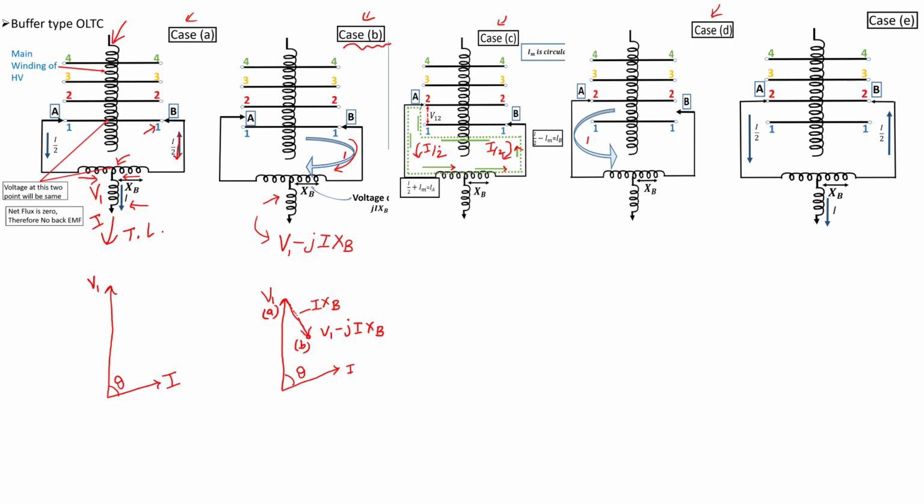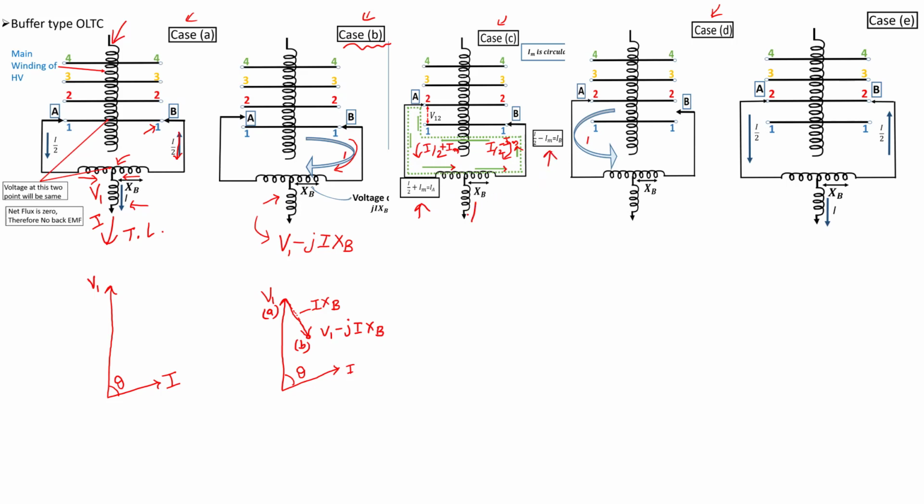Therefore, the total current here from tap A is I by 2 plus IM. The circulation current, let us give the symbol M because it is magnetization current. And here I by 2 minus IM. So it is indicated already: this is I by 2 plus IM and this is I by 2 minus IM.